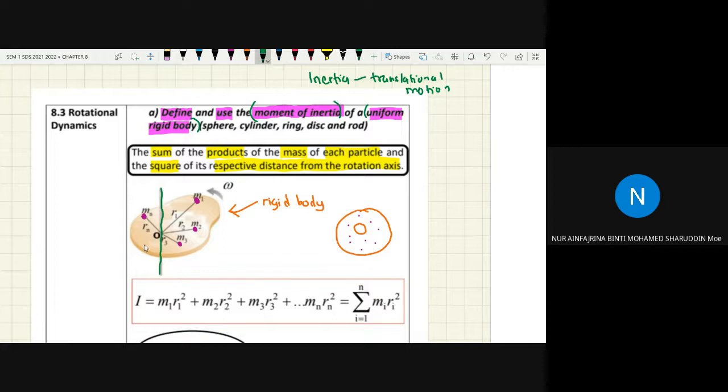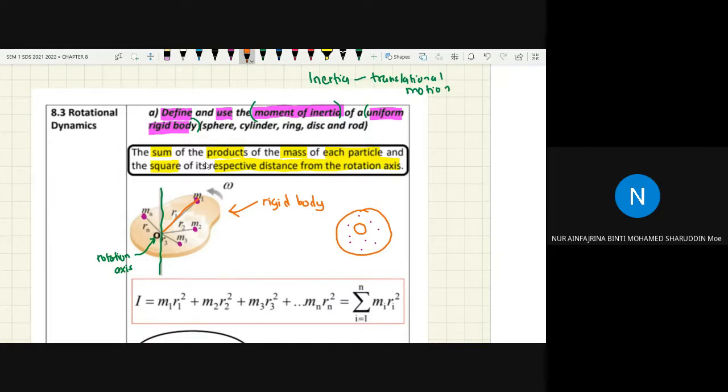Kat point O ni adalah rotation axis. So we always know jarak sesuatu benda tu mestilah daripada dia ke rotation axis. For example macam ni, mass of the particle 1 ni dekat sini. So jarak dia ke rotation axis ni kita panggil R1. So itu adalah maksud moment of inertia.